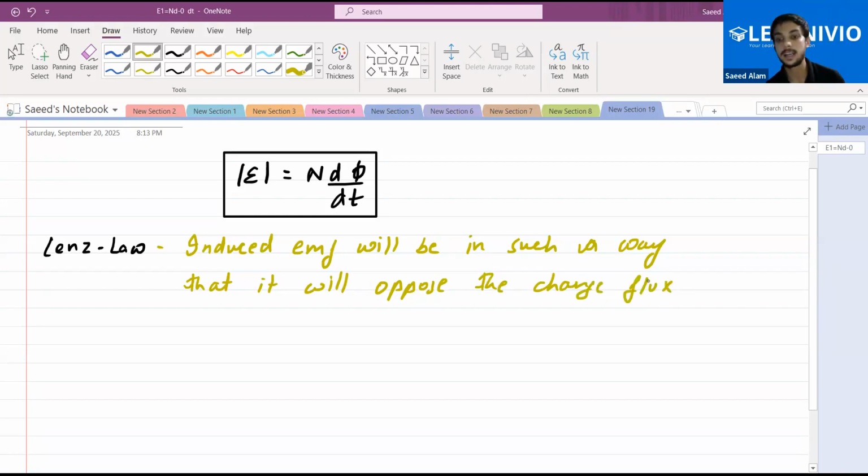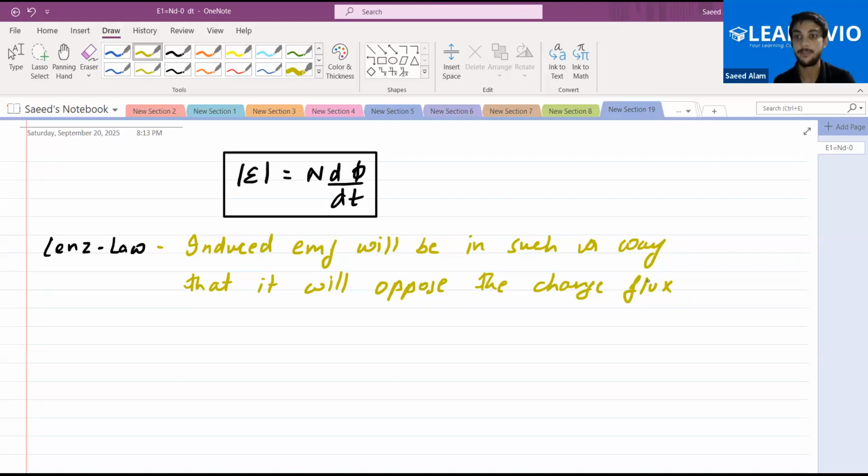That means it will try to induce the EMF in such a way that whatever the flux was changing across it, that should not change. And this is actually nature's rule, that nature does not want to get changed. Whenever you try to disturb nature, it will always try not to get disturbed.